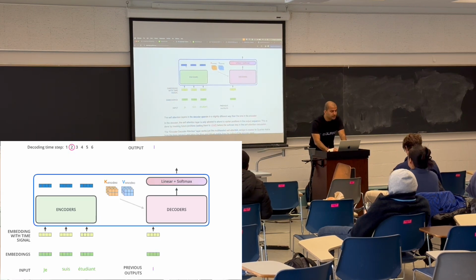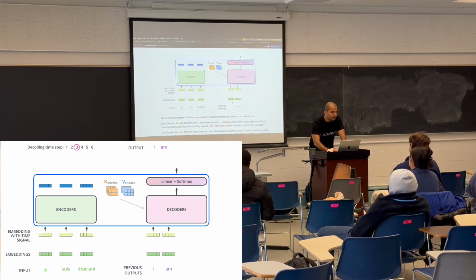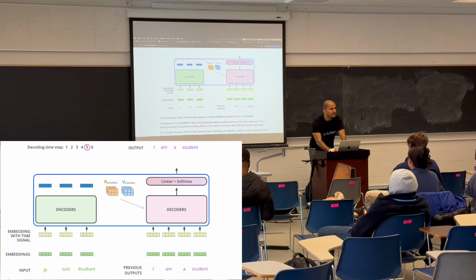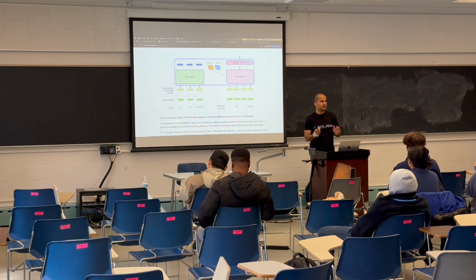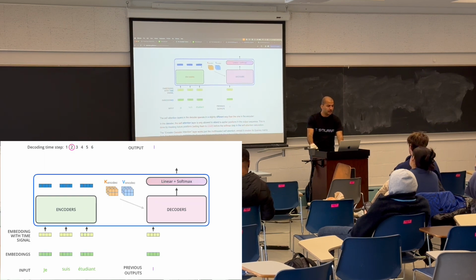So these will go into the input here, and once you have the output, you have a sequence, right? You start building a sequence. The first query would be something that indicates that you have started decoding. So based on the output of the encoder and this encoder-decoder attention, you get the first output.